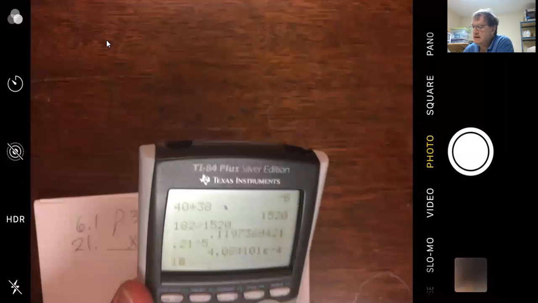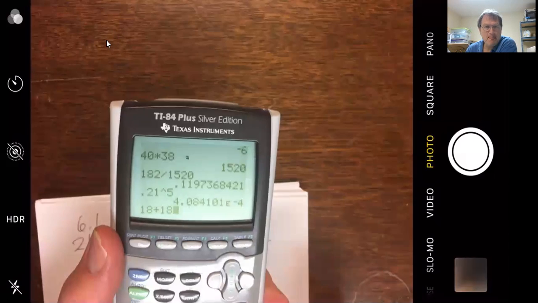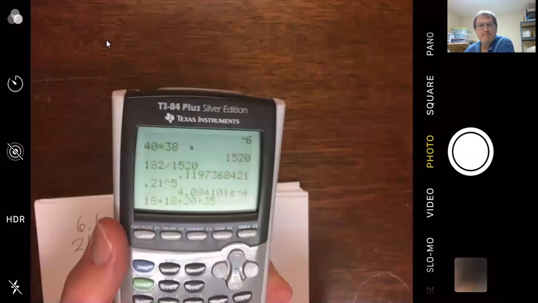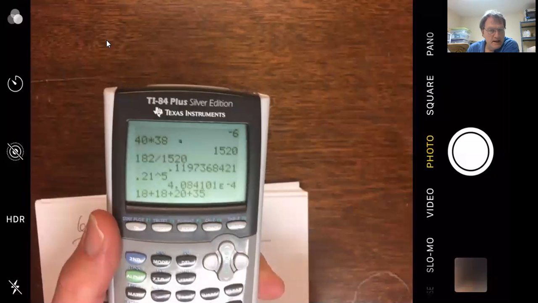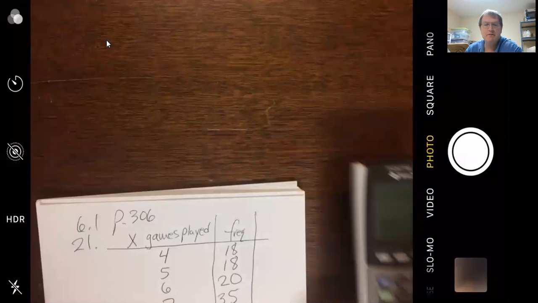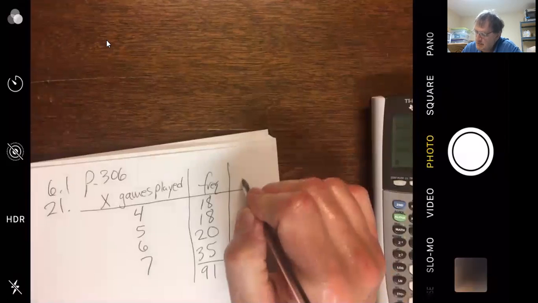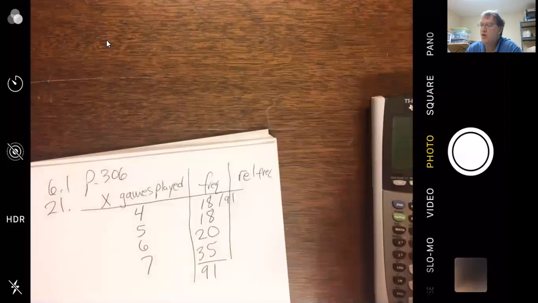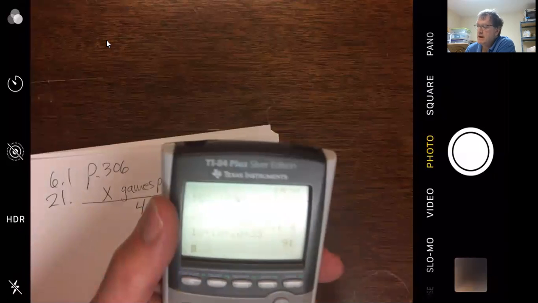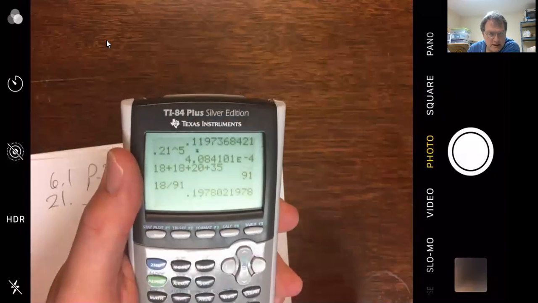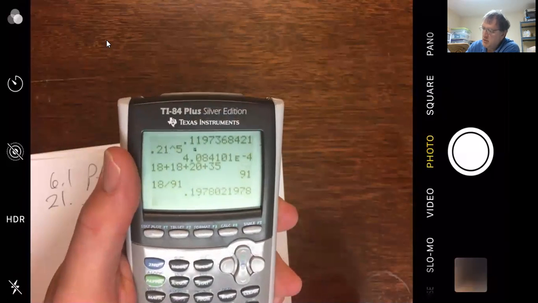Maybe I'll just do it all at once. 18 plus 18 plus 20 plus 35. 91 times the World Series has been played of baseball. And remember, you got a relative frequency. So we're going to divide each of these by that total, 91. So 18 divided by 91 comes up 0.197. We'll call it 0.2.